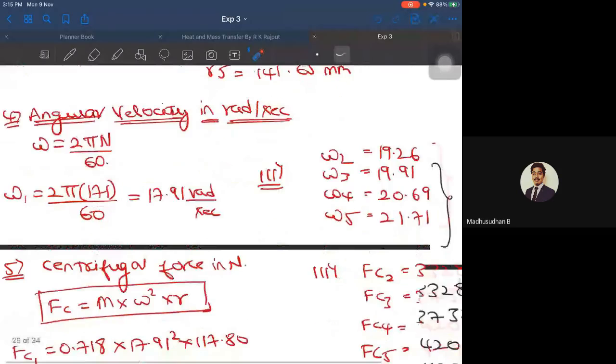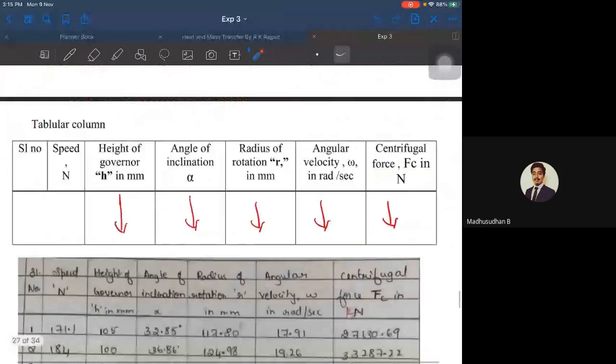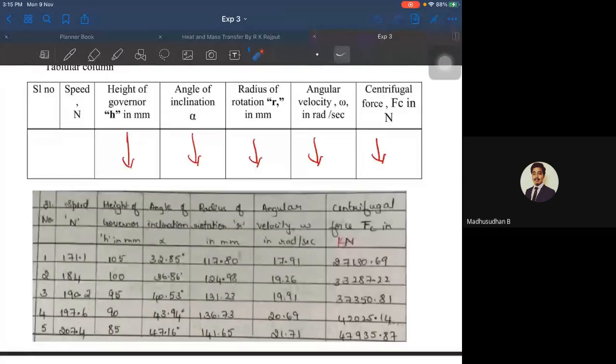Next is the centrifugal force, or the controlling force, which is given by m omega square r. m is common for all the 5 readings. Omega has different values, omega 1 to 5, and r is also different, r1 to r5. Substitute the corresponding values, and you'll get FC1 to FC5.